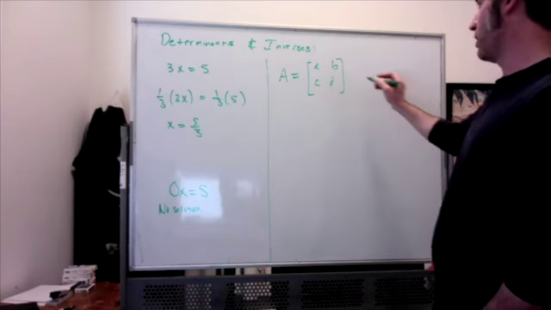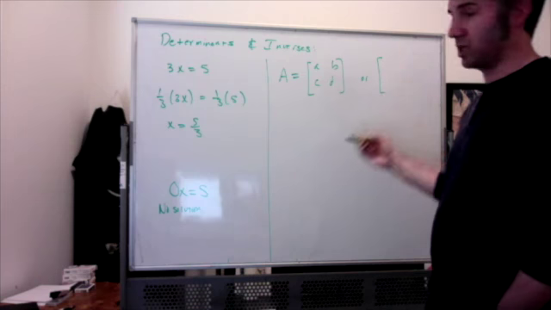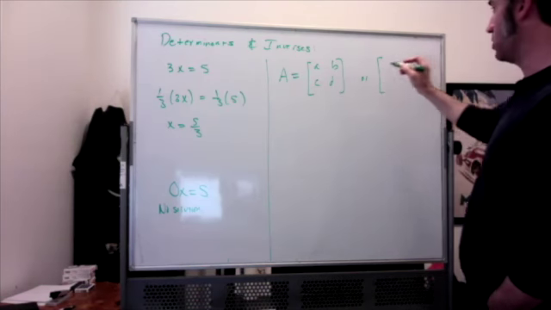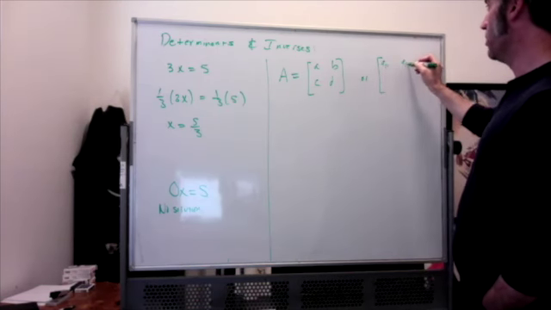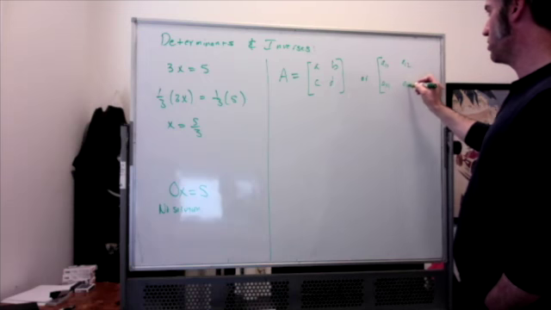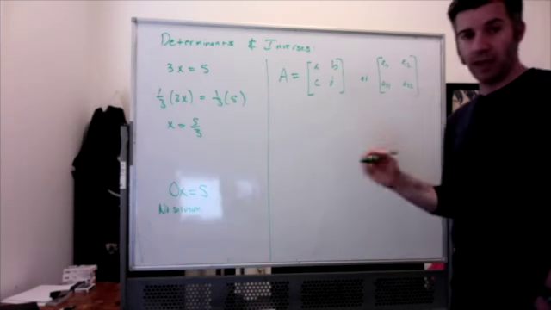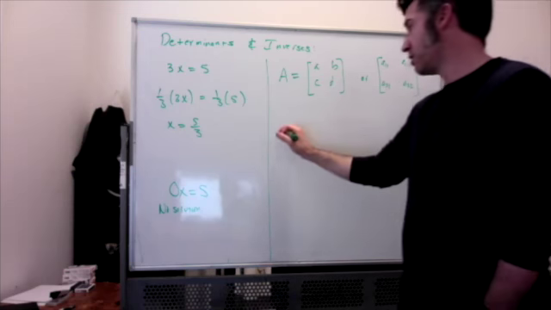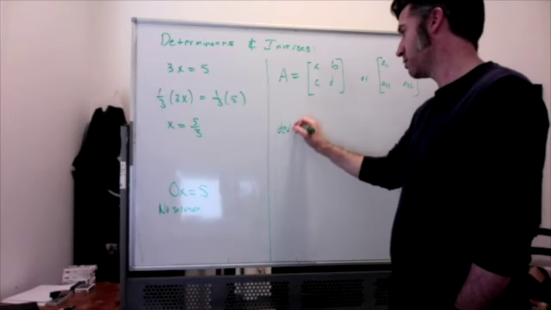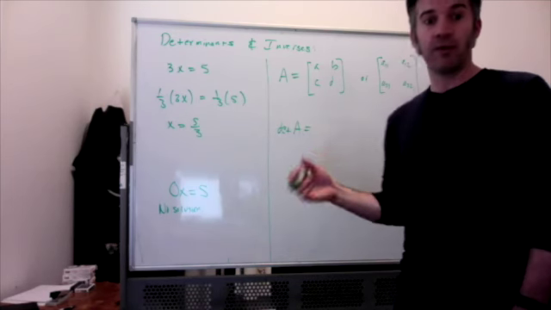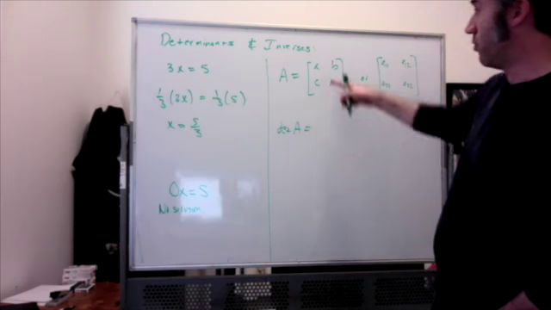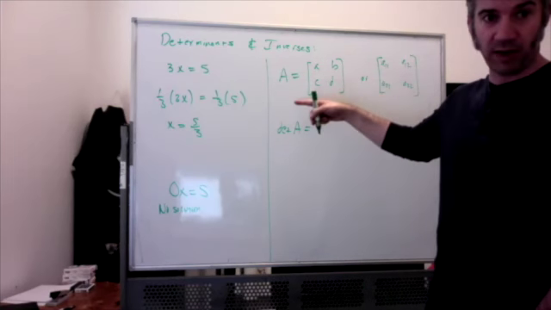But some people like to write it using the nice subscript notation, A11, A12, A21, A22. In either case, the determinant of a 2x2 matrix is the product of the diagonals minus the product of the off diagonals.